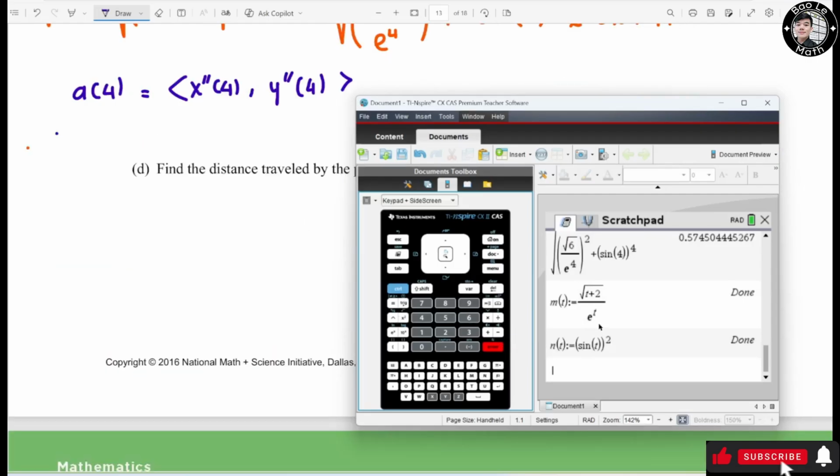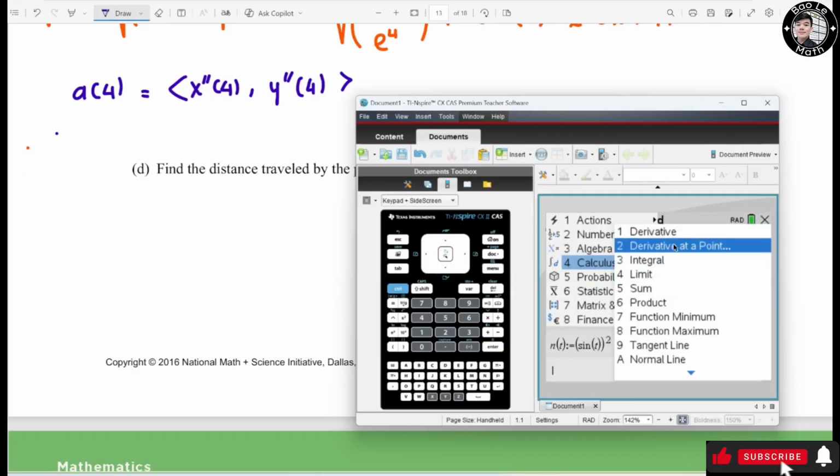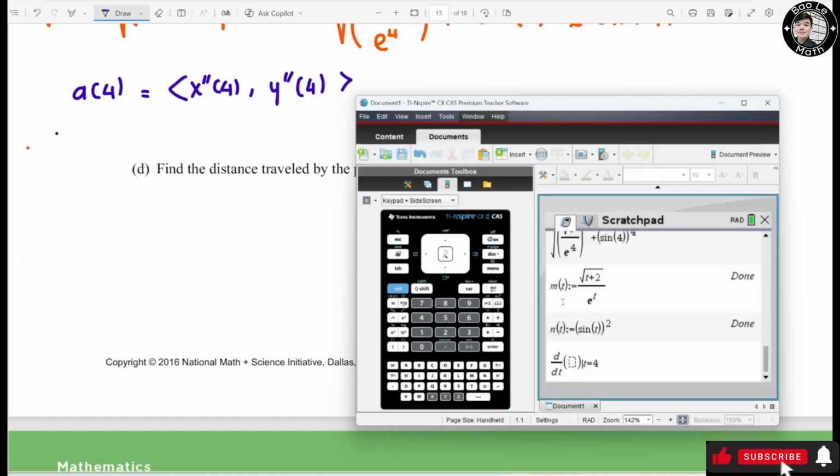Now I need to take the derivative of each of these and evaluate it at t equals 4, right? So I'm gonna press menu, calculus, derivative at a point right here. The variable is t, right? The value is 4. Press OK, right? So I just input m of t and then press Ctrl Enter.